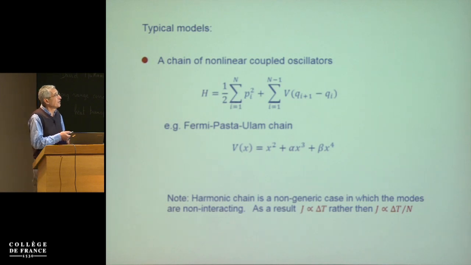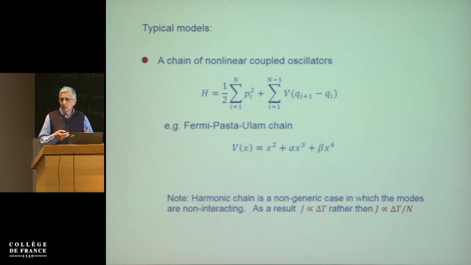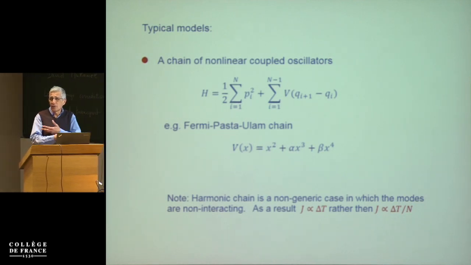For example, like the Fermi-Pasta-Ulam model that people studied a lot, where the potential is a polynomial up to fourth order in the variable. Now note that the potential has to be nonlinear, because if you take a harmonic potential, the modes are uncoupled.